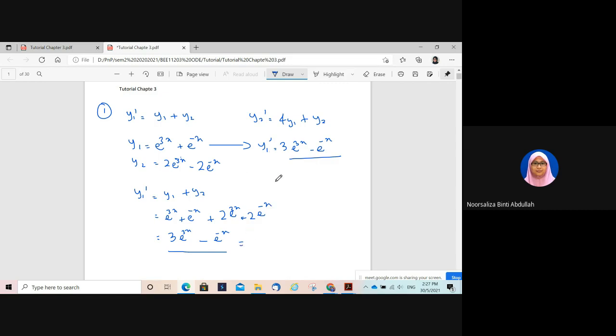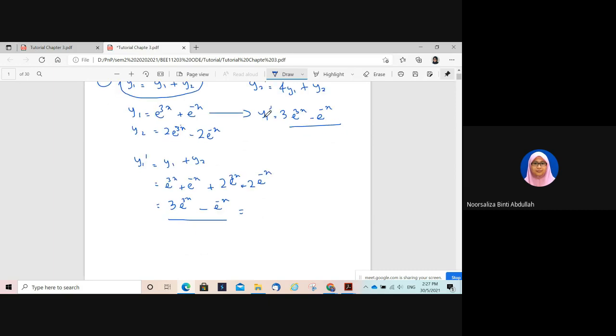So Y1 and Y2 are the solutions of this linear differential equation.